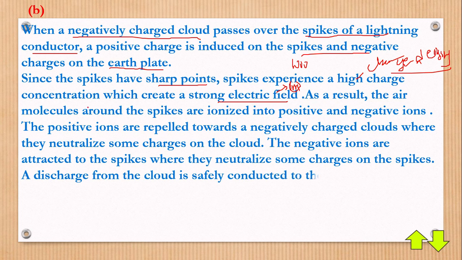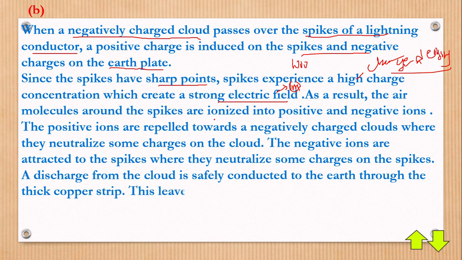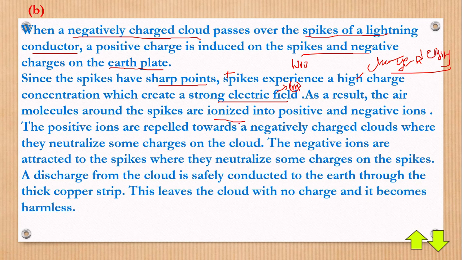As a result, the air molecules around the spikes are ionized into positive and negative ions. I explained this ionization here, where the positive continues to chase out the fellow positives and attract the negatives near to them. The positive ions are repelled towards the negatively charged clouds, where they neutralize some charges on the cloud.